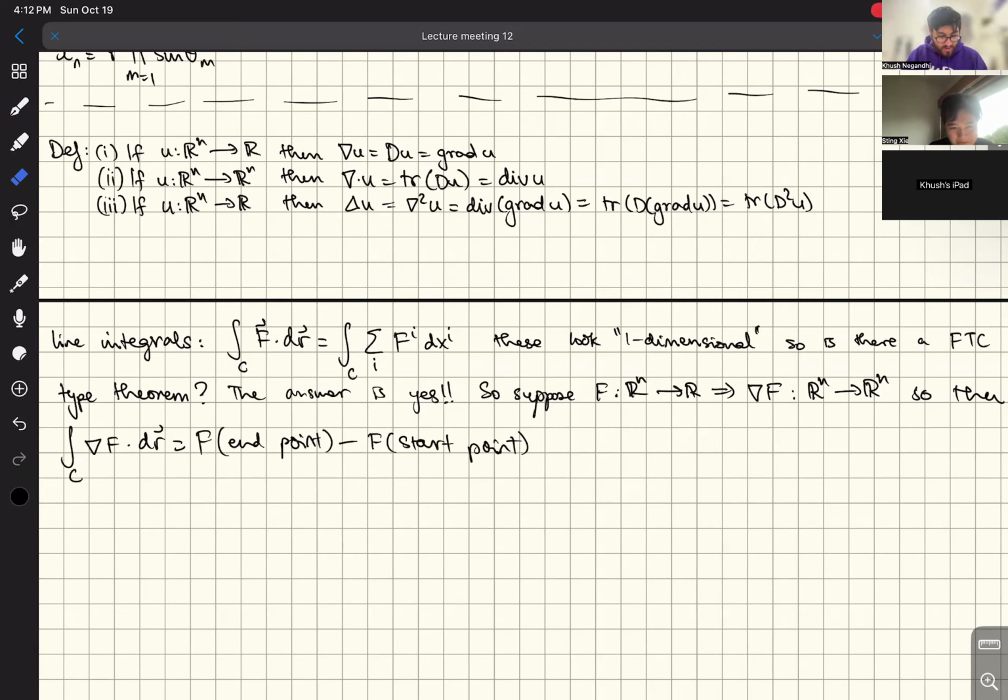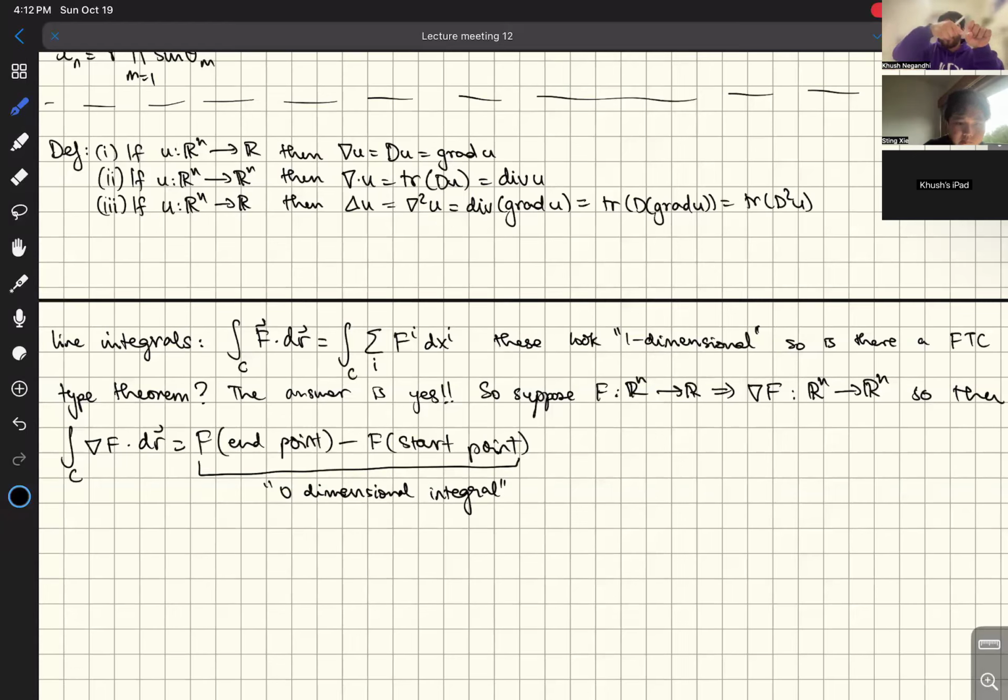What I'm going to do is define this object over here to be a zero-dimensional integral. That makes sense because the endpoints are just points. I don't need any numbers to give you my point.